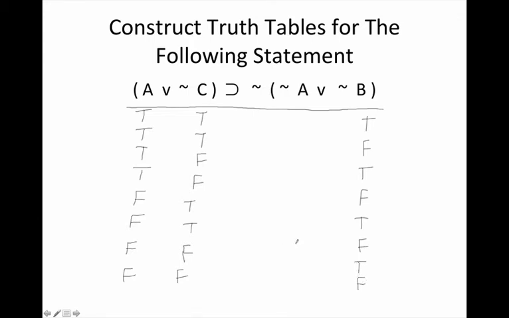Okay, so the main connective once again is the horseshoe. Within the left side of the horseshoe, we have a negation, a tilde, the values of which need to be determined before we determine the wedge's values. And then it really doesn't matter which one of these tildes you do third.